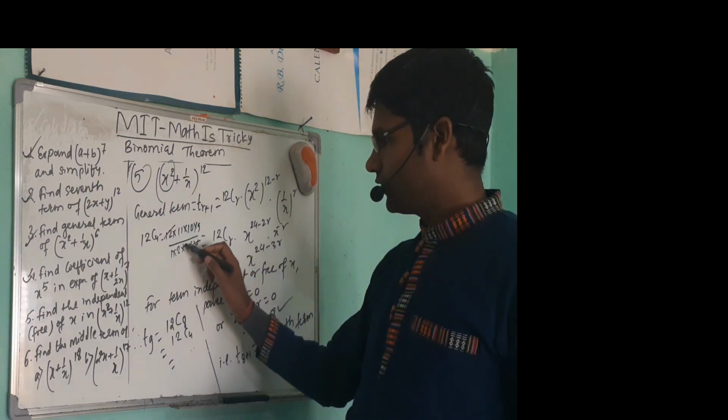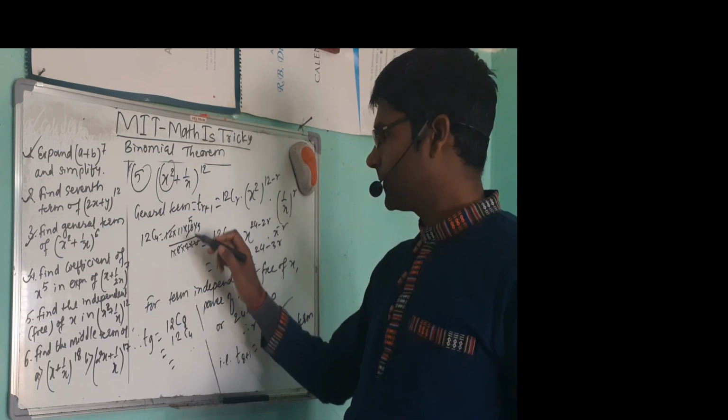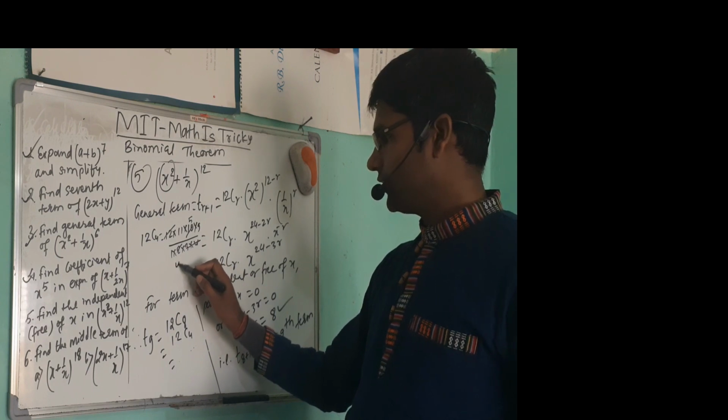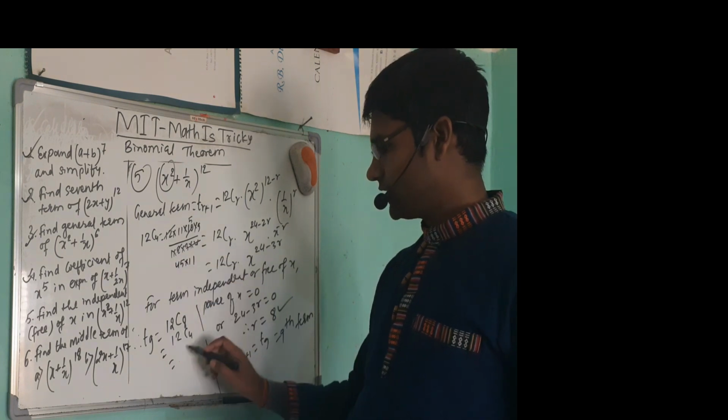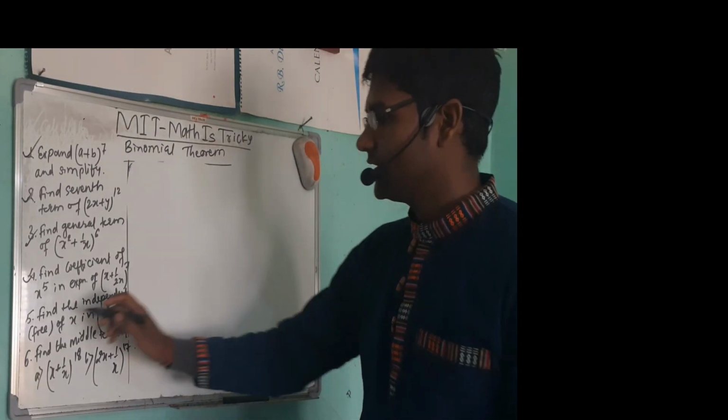Now 2 fives are 10, so it will be 45 into 11, the answer will be 495. This is your answer.